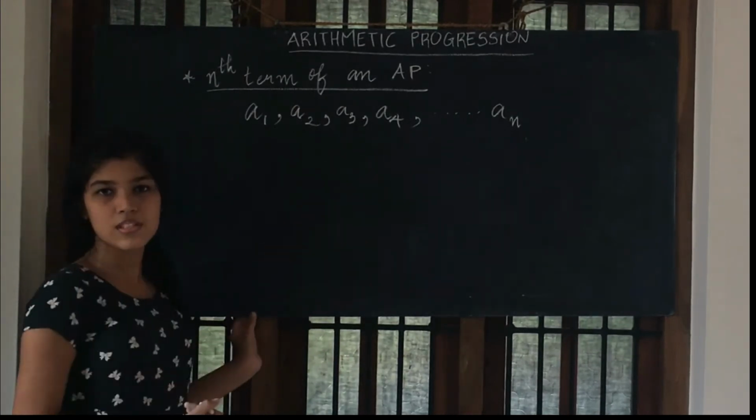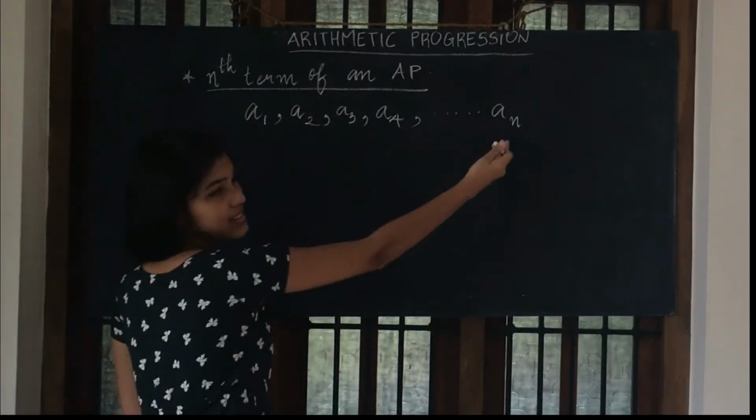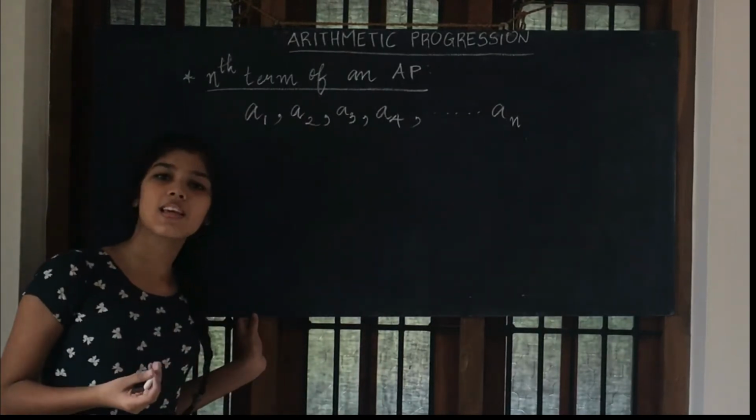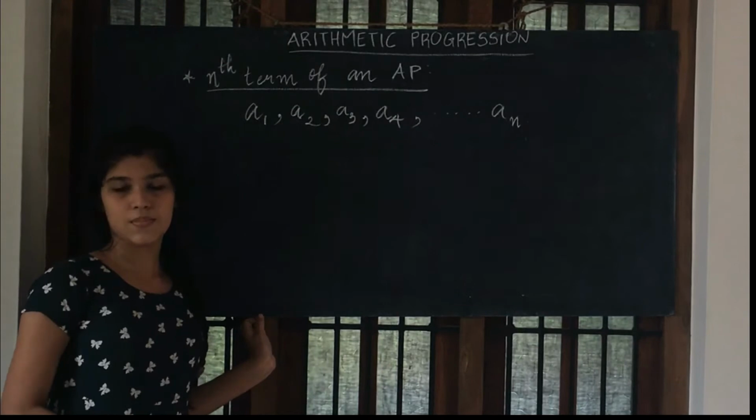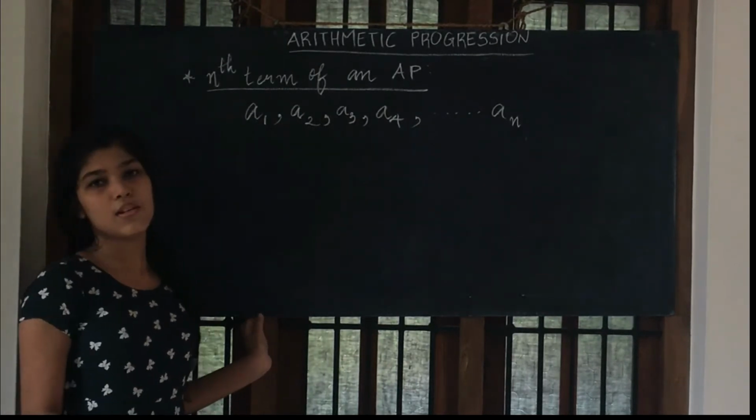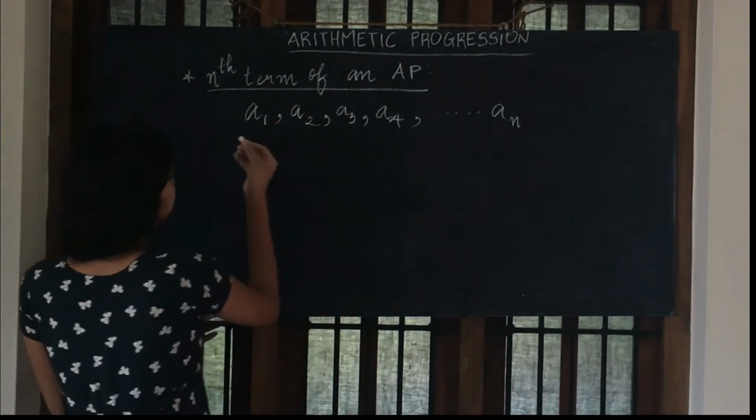Now we have to deduce an equation where we can find the nth term of an AP. n can take any positive value. If n takes the value of 10, then it will be the 10th term. If n takes the value of 1000, then it will be the 1000th term, and so on.